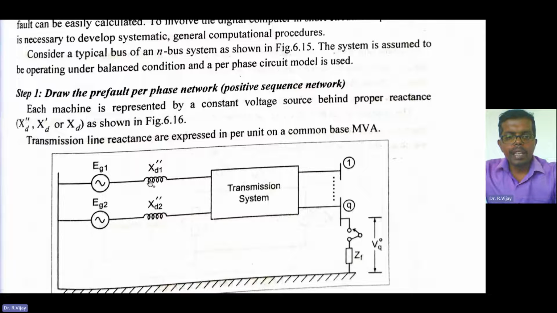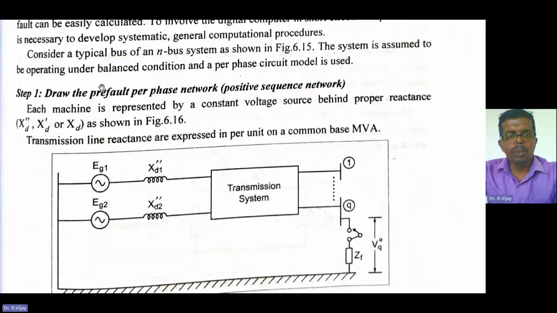The generator 2 has Xd2 double dash, and it is connected to a transmission system, connected to bus 1 up to bus N. N means you can fill in anything: a 40 bus system, 118 bus system, 200 bus system. It depends on the practical system. You can fill the number of buses as N, anything you want. So that is the N bus system as shown in the figure.